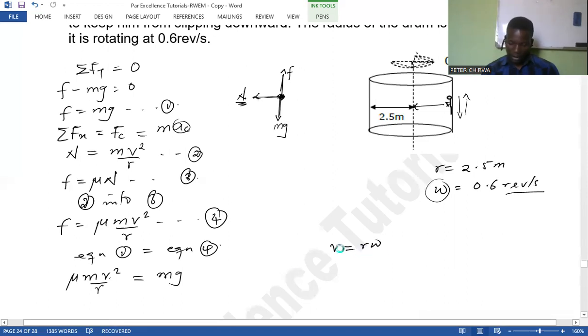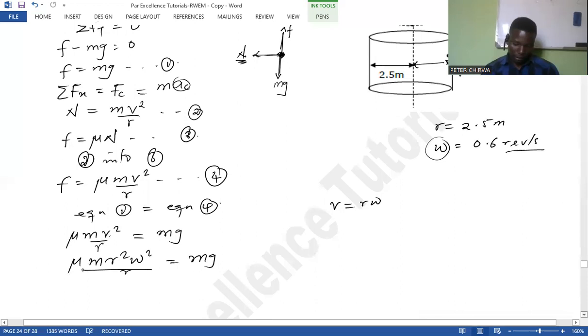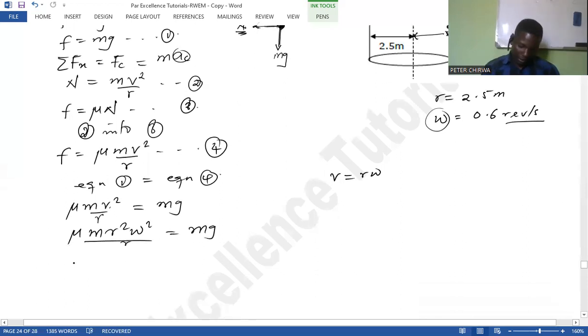So substituting there, we are going to have mu r squared omega squared over r being equal to mg.